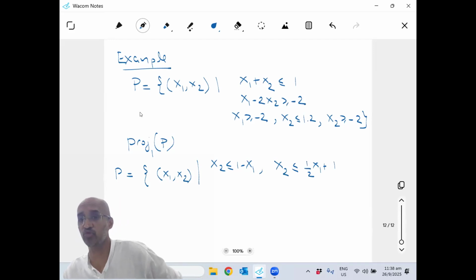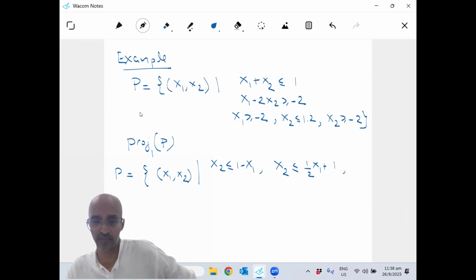Then x1 greater than or equal to minus 2. There's no x2 in this constraint. Then x2 less than or equal to 1.2 and x2 greater than or equal to minus 2.